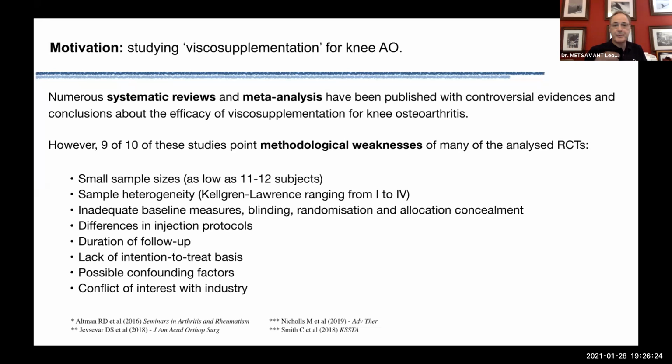In every paper, they have different protocols, duration of follow-up, lack of intention to treat basis, possible confounding factors, and conflict of interest with industry. So these were the most cited methodological weaknesses we saw in papers.